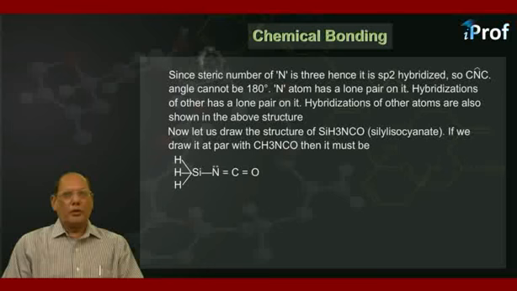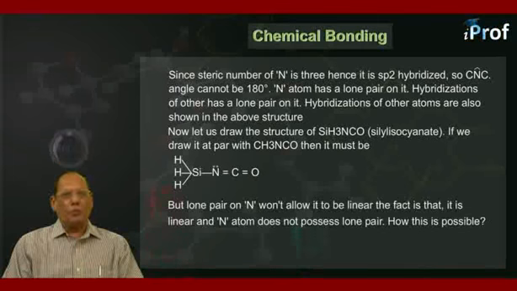Now, let us draw the structure of SiH3NCO, which is known as silyl isocyanate. If we draw it at par with CH3NCO, then it must be as shown here. But the lone pair on nitrogen won't allow it to be linear. The fact is that it is linear, and the nitrogen atom doesn't possess a lone pair.